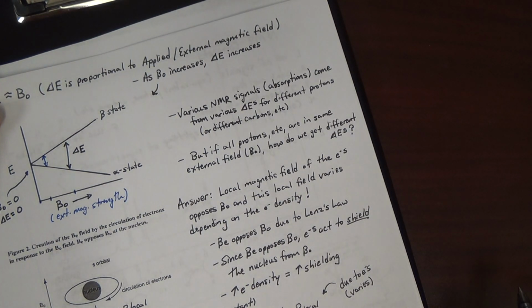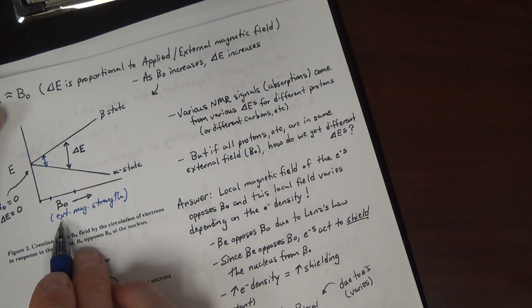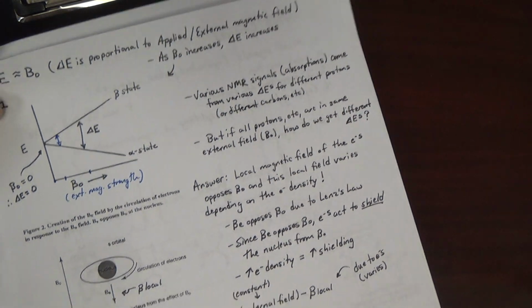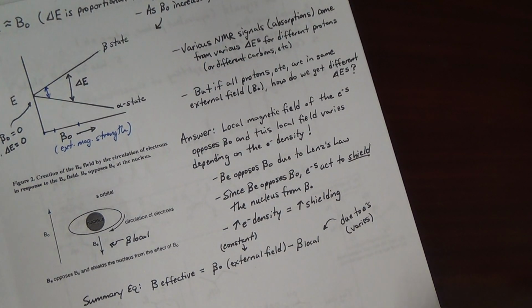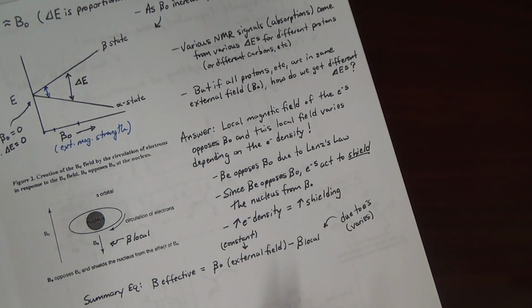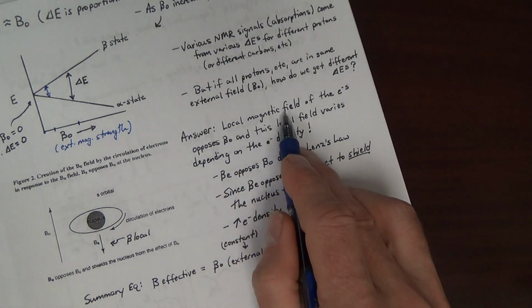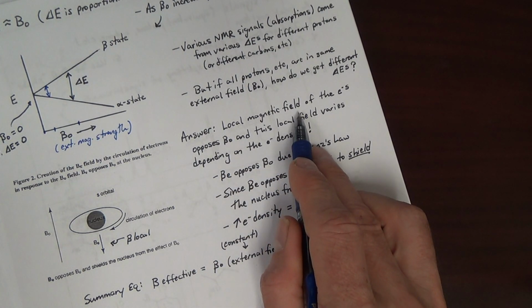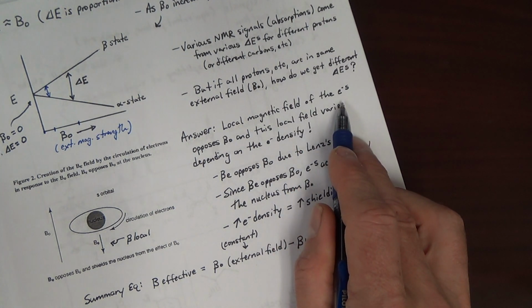Well, the answer is yes and no. They do experience the same magnetic strength from the external magnet. But each proton also experiences a local magnetic field due to the electrons that are nearby the protons.